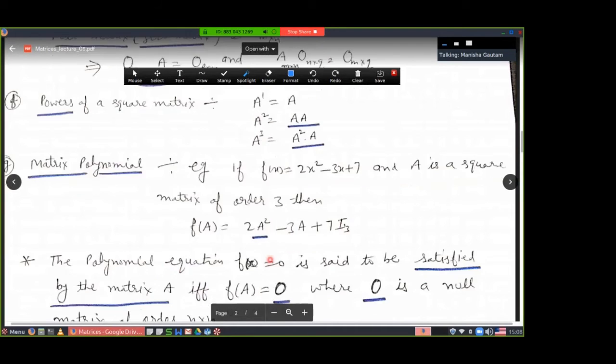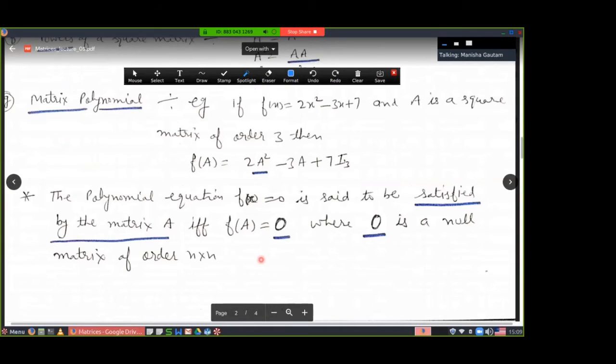The important part is the polynomial equation f(x) is 0. f(x) is 0 is said to be satisfied by the matrix A if and only if, when you put A, f(A) is equal to 0.